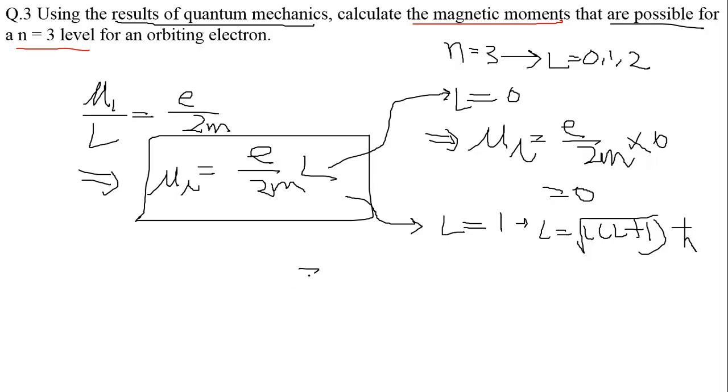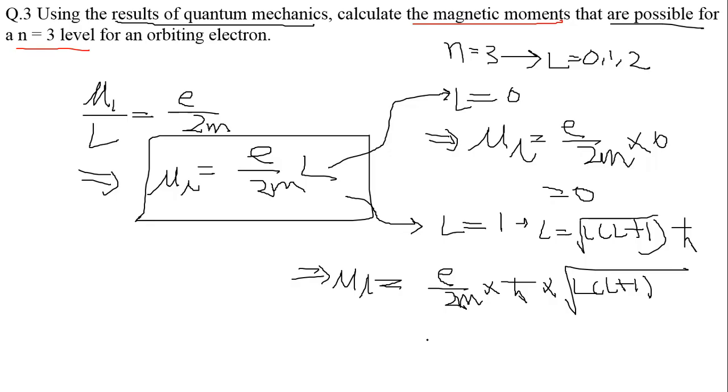Then mu L will be e by 2m into h cross into root of l into l plus 1. Basically e h cross by 2m, and l is 1 into 1 plus 1, square root.